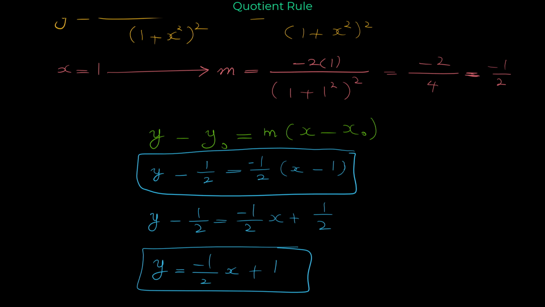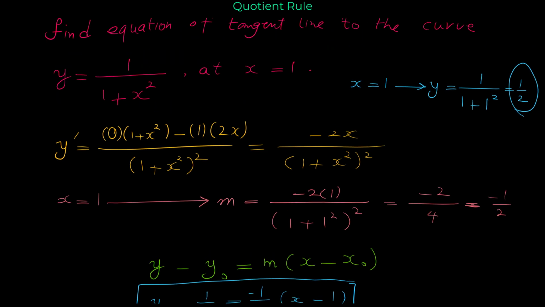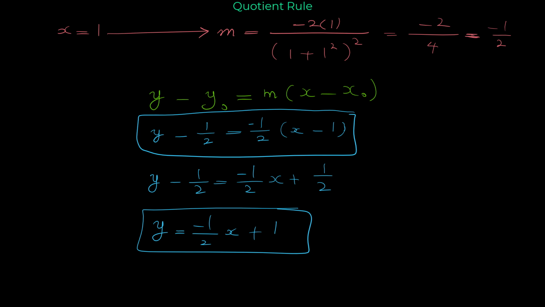Before I finish this example, let me show you the graph of this function, and I want to draw the tangent line to that curve at that point. The graph of the function y equals 1 over 1 plus x to the 2 is something like this. This is the graph of that function.